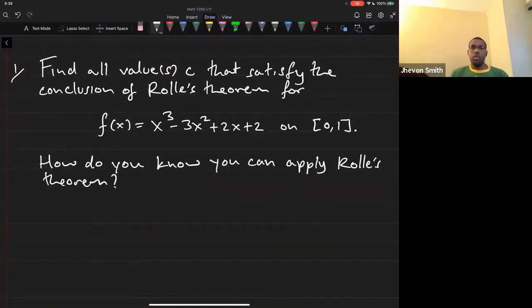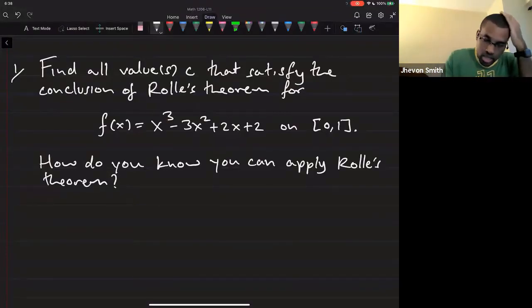Okay. So here is the first problem. Find all values C that satisfy the conclusion of Rolle's theorem for this function on that interval.